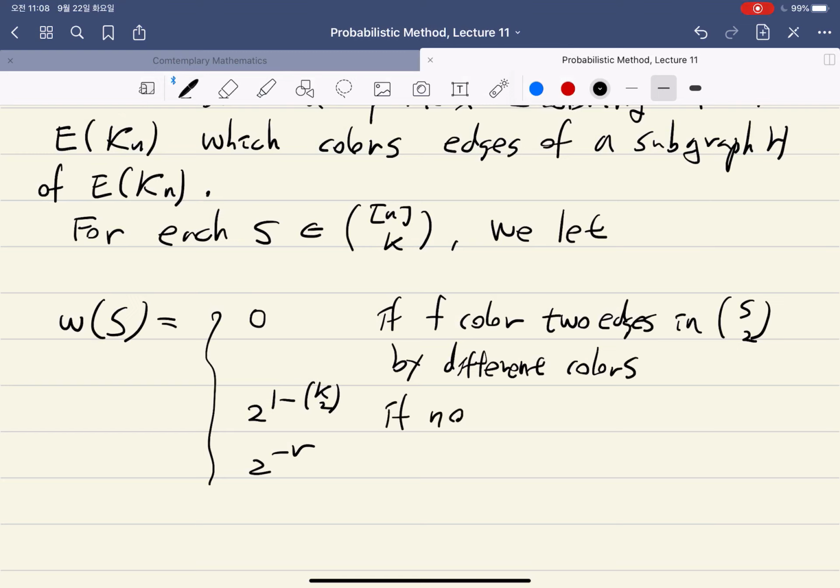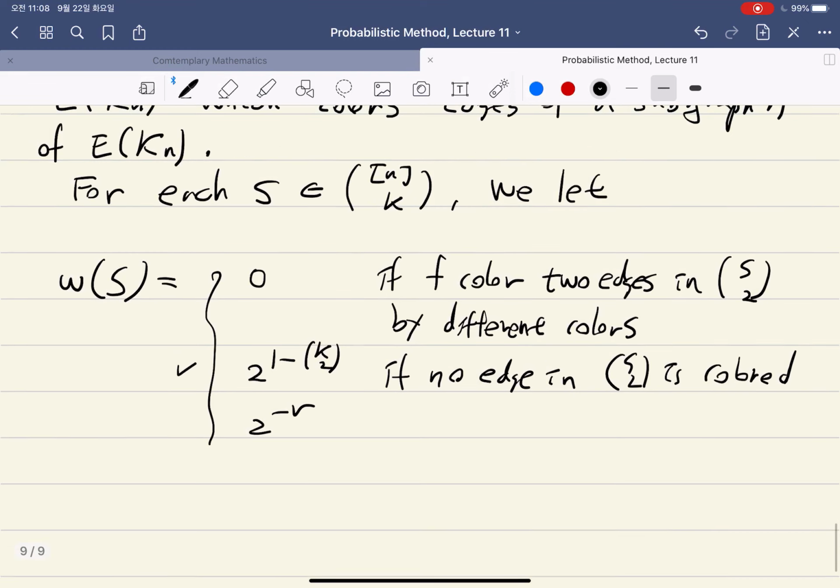And if no edge in there is colored, then this is the default weight.